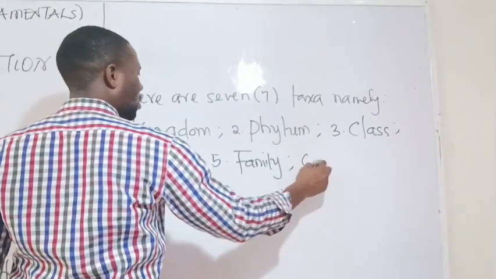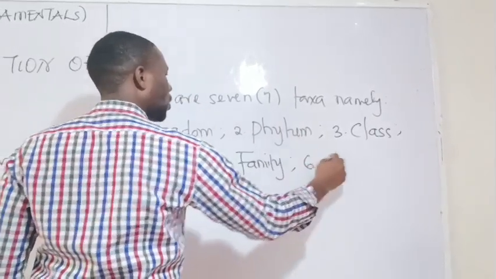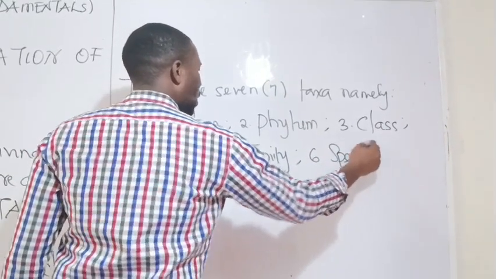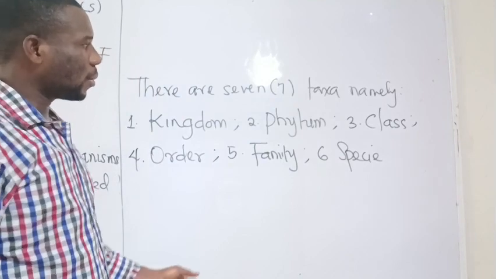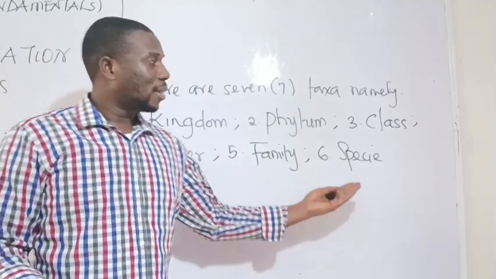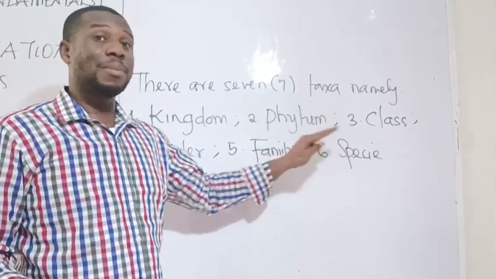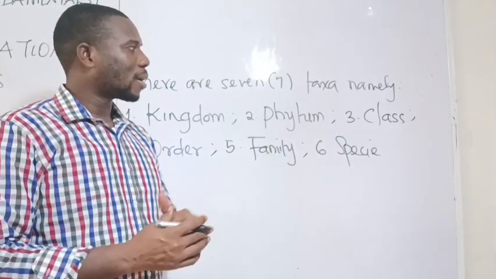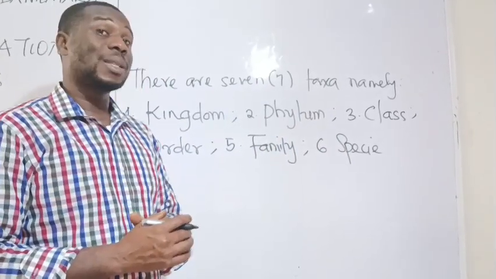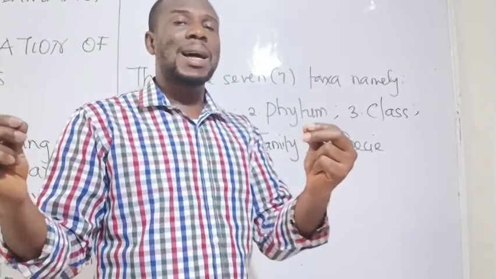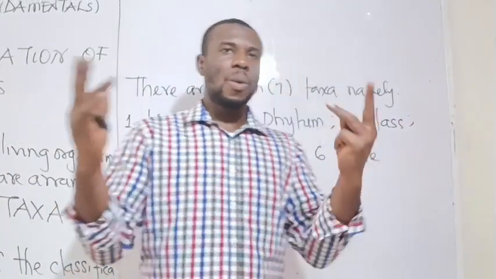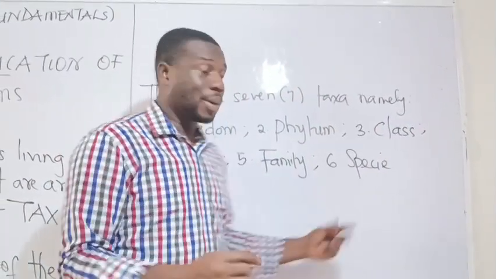The 6th taxa, we have species, and species refers to specific names we assign to living organisms that have similar behaviors, or that can interbreed.